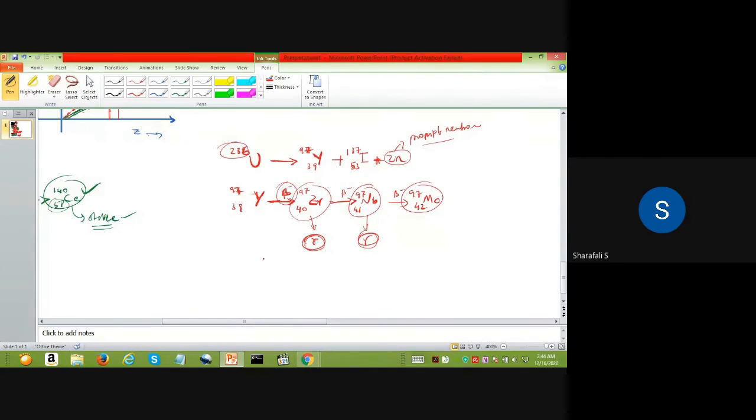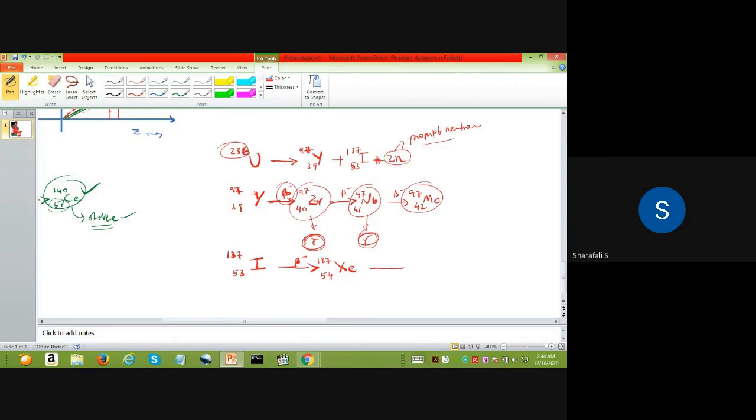So when you consider that iodine, iodine 137 with 53, which is not stable, it can also undergo negative beta decay, and which will form xenon, and xenon with the mass number will be same, and the atomic number increased by one, 54.